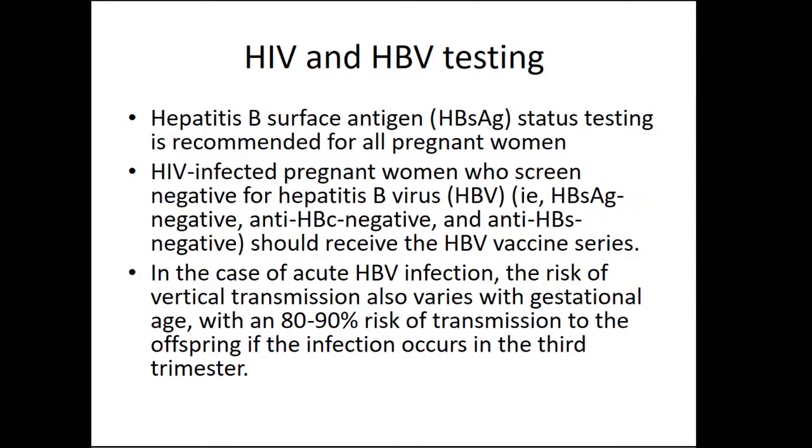In case of acute HBV infection, the risk of vertical transmission also varies with the gestational age, with up to 90% risk of transmission to the baby if the infection occurs in the third trimester. So the later HBV infection occurs, the higher the risk of transmission of this infection to the offspring.